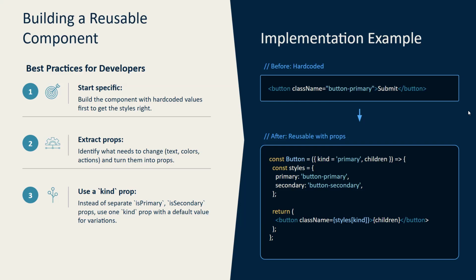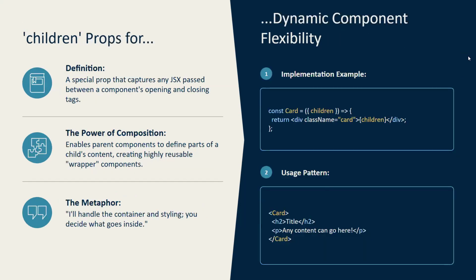On the right hand side we can see one small example where the first button is hard coded, but under that you can see how we could refactor that into a reusable card component that accepts the kind of card this is.